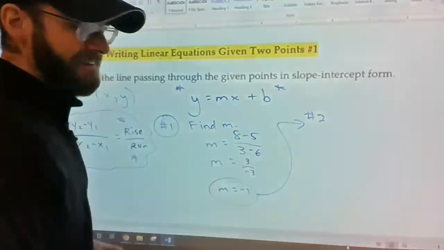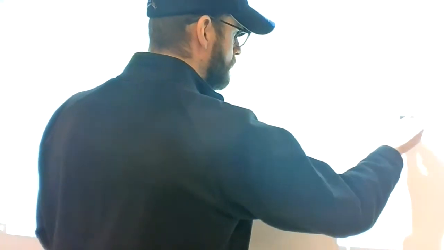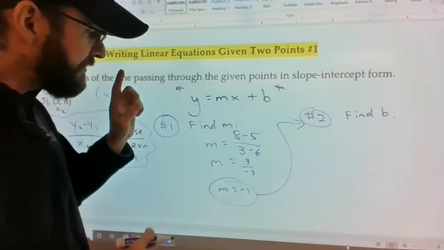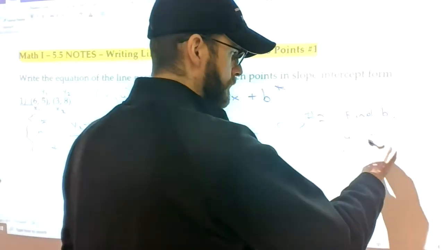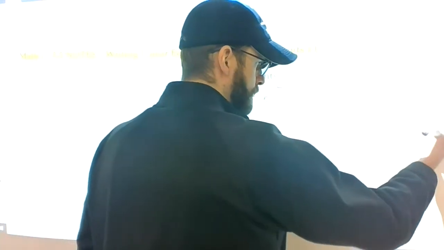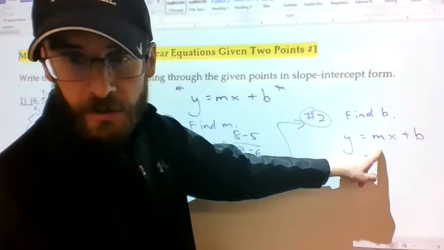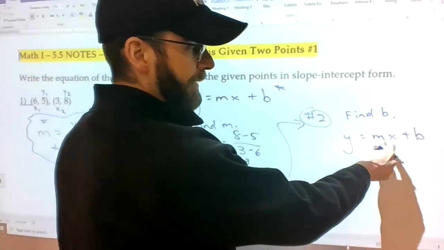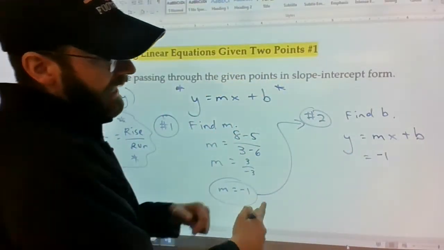Step 2, find b. Well, here's the interesting thing. We've got the m, which is negative 1. So we could replace the m in our formatted equation, y equals mx plus b. Negative 1 replaces the m. And here's the thing.